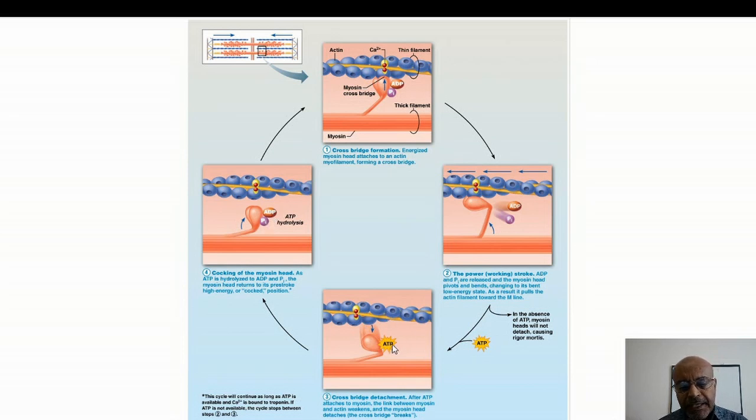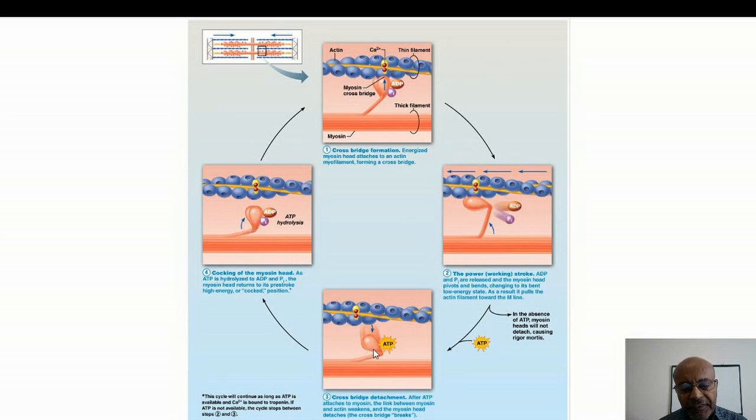By the way, ATP is the abbreviation for adenosine triphosphate. So adenosine triphosphate is broken down into adenosine diphosphate and phosphate. When this breakdown happens, energy is released, and this myosin head uses that energy and it unbends.